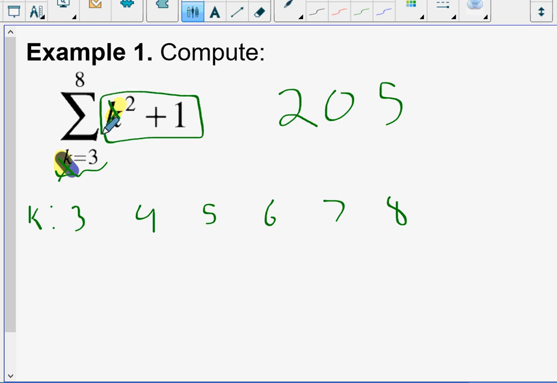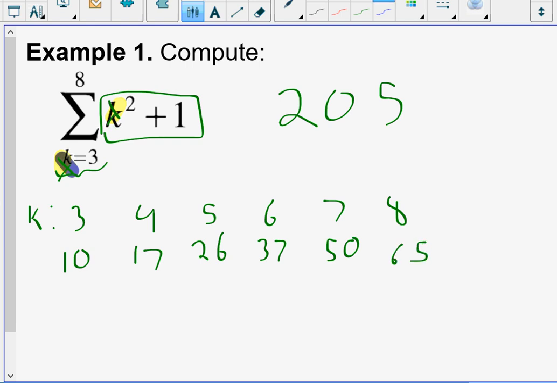So we're doing 3 squared plus 1 is 10, because 3 squared is 9, 4 squared is 16, plus 1 is 17, 5 squared is 25, plus 1 is 26, 6 squared is 36, plus 1 is 37, 7 squared is 49, plus 1 is 50, and 8 squared is 64, plus 1 is 65.